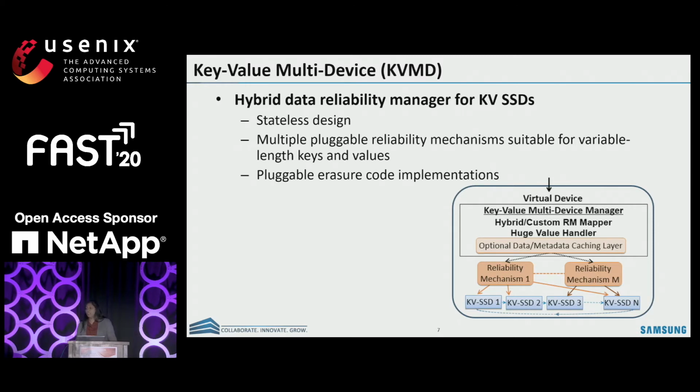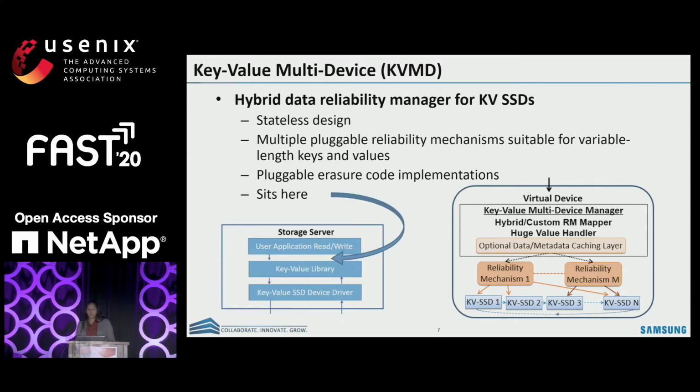They are all in user space, sitting between the user application and the key value library. You can also have an optional data and metadata caching layer, which is not implemented in this work and not shown in any of the results, but I'm putting it here for your imagination about how it could work.